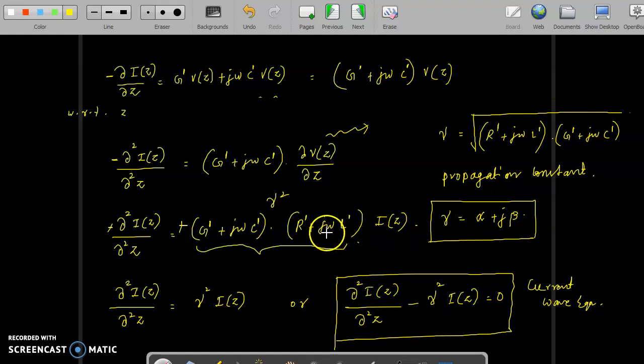From those components we obtained the voltage and current wave equations in the time domain using Kirchhoff's voltage and current laws. Finally, we brought the expressions into phasor form and obtained the simplified current and voltage wave equations using the complex propagation constant gamma.